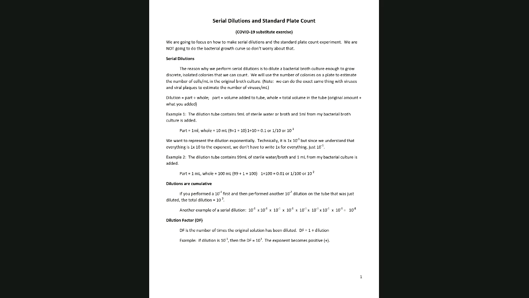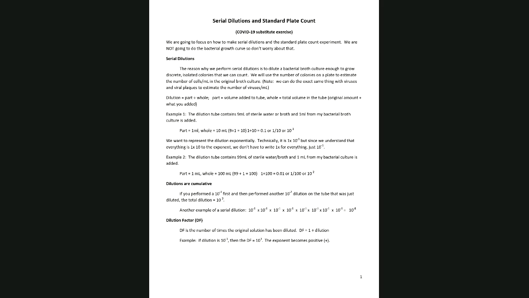So you can either use 9 ml or 99 ml, and we do that to keep things simple. But you can use different quantities to do your dilutions. But most often we use 9 ml tubes or 99 ml bottles.